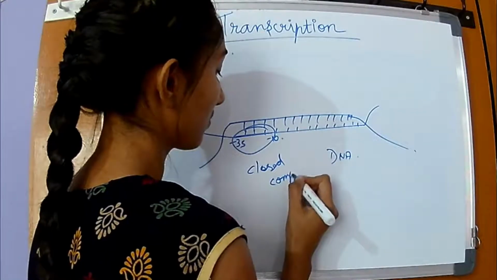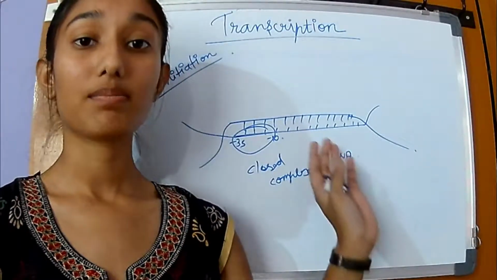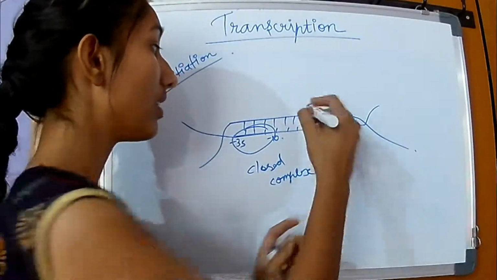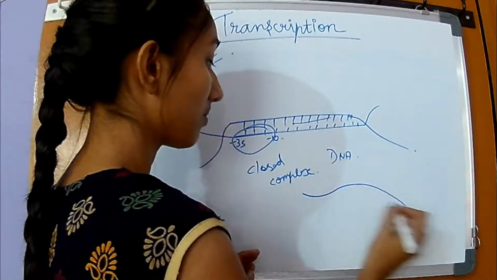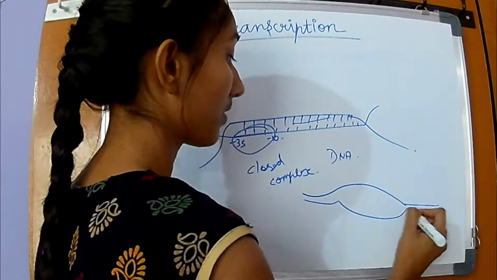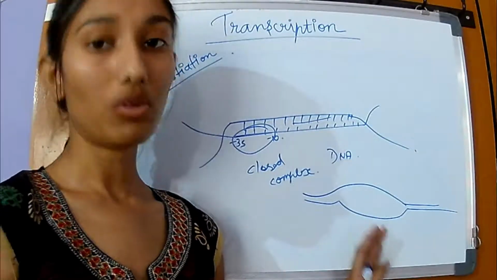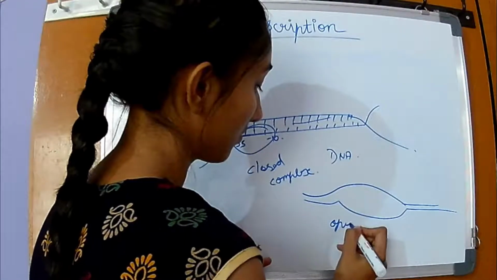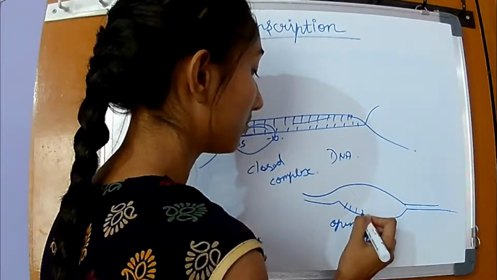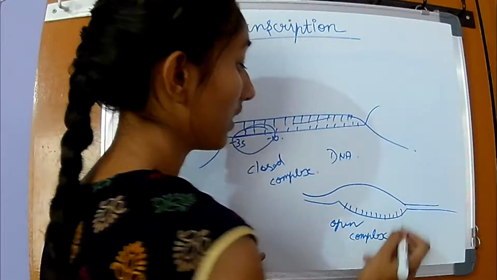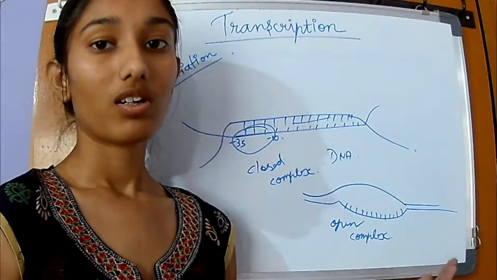Now, as the RNA polymerase has bound, it will start separating these two strands, giving structures like this. This kind of formation is called the open complex. Now, this will be the template strand and it is ready for coding.